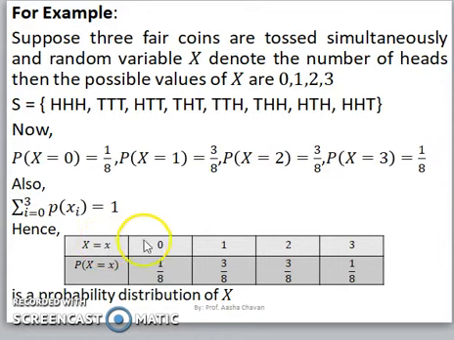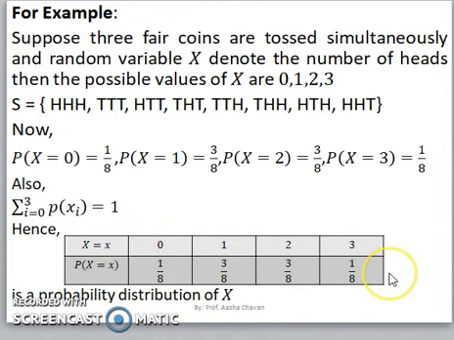So this is the probability distribution for this random experiment. The values of x are 0, 1, 2, 3, and the probabilities for these values of x are 1 by 8, 3 by 8, 3 by 8 and 1 by 8. So this is called the probability distribution of x.